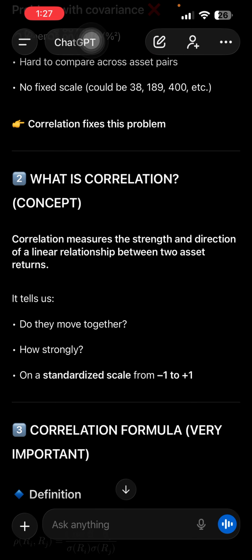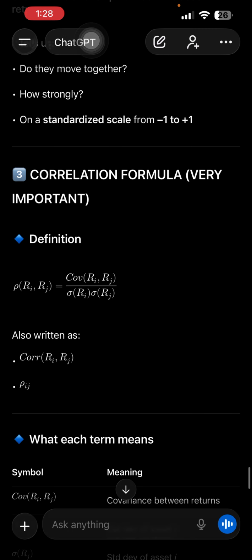Correlation measures the strength and direction of a linear relationship between two asset returns. It tells us: do they move together, and how strongly, on a standardized scale from -1 to +1. Hence here is the correlation formula.